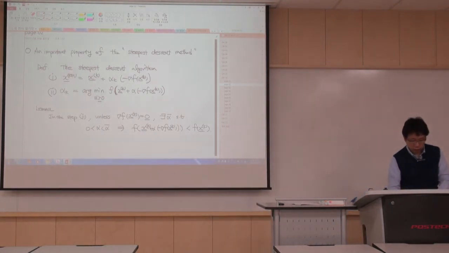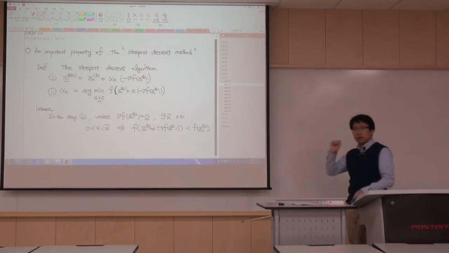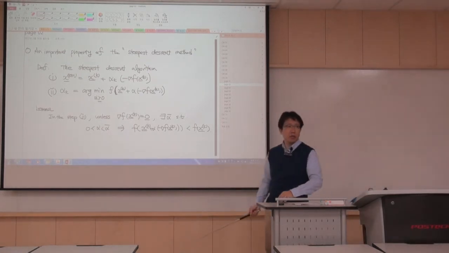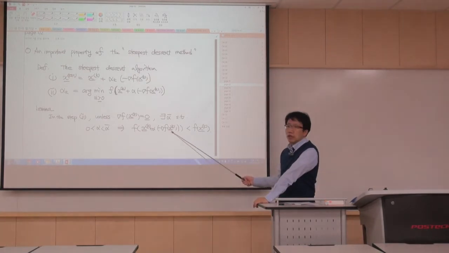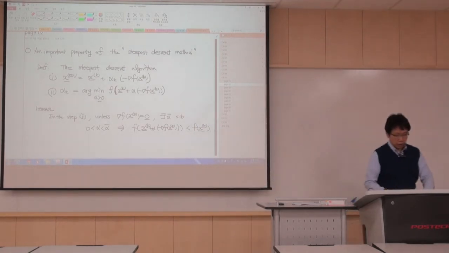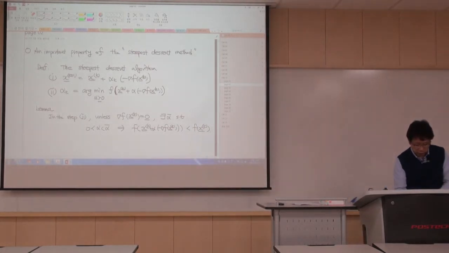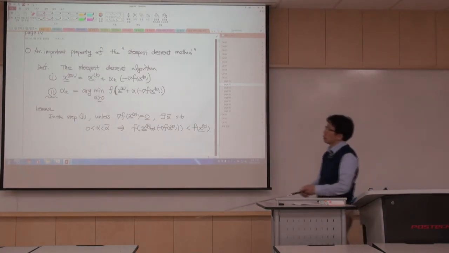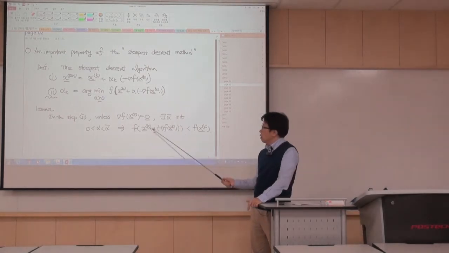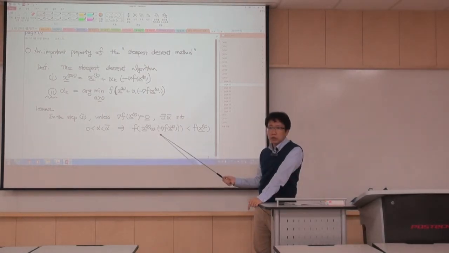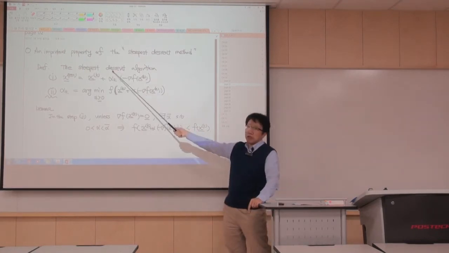Okay. But depending on how to choose your step size, your specific gradient algorithm may fully utilize this property or not. Okay. But what is good is that, as you see here in the second step, steepest descent exploits this property. So what? It has descent property, as the name says.